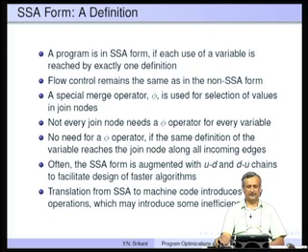A program is said to be in SSA form if each use of a variable is reached by exactly one definition. The flow control remains exactly as in the non-SSA form, but there is a special operator called the phi operator, which is introduced into the join nodes.